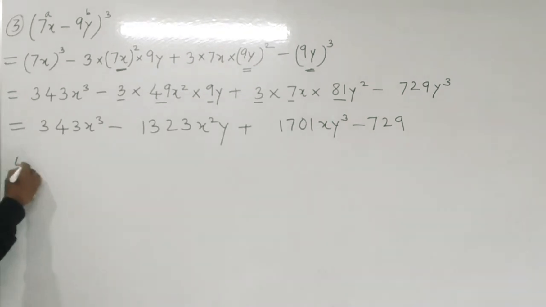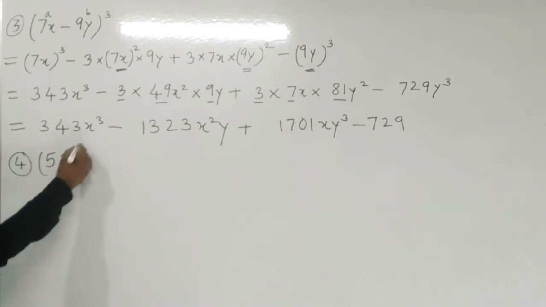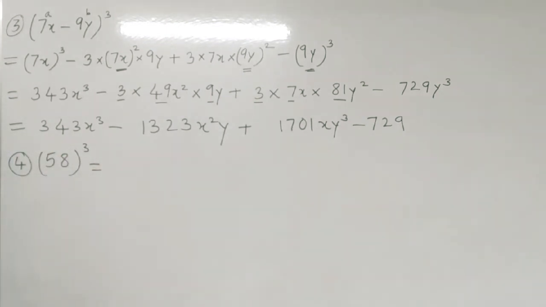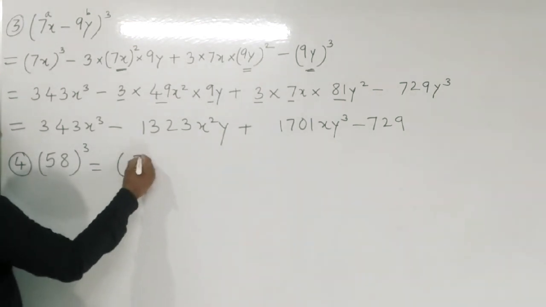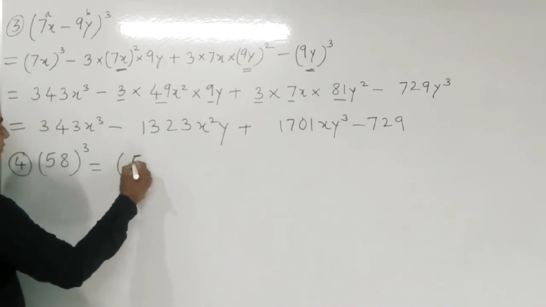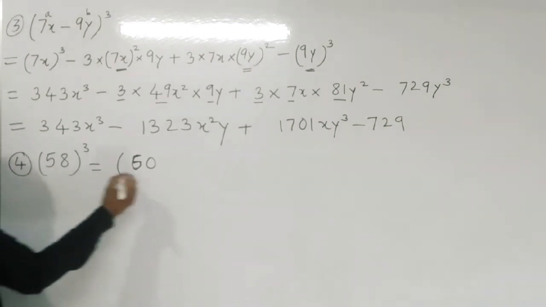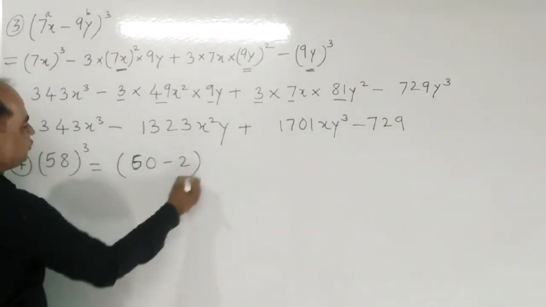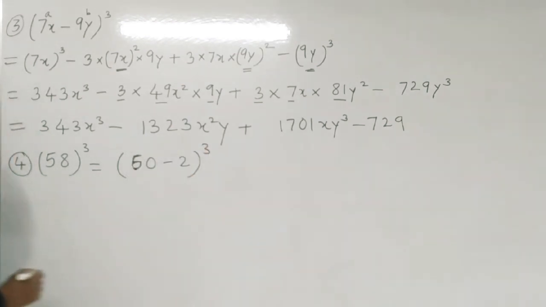Now fourth example, (58) bracket cube. Now 58 can be written as 60 minus 2. You have to solve using the identity (a minus b) cube. So split into two parts, 60 minus 2 is 58 bracket cube.